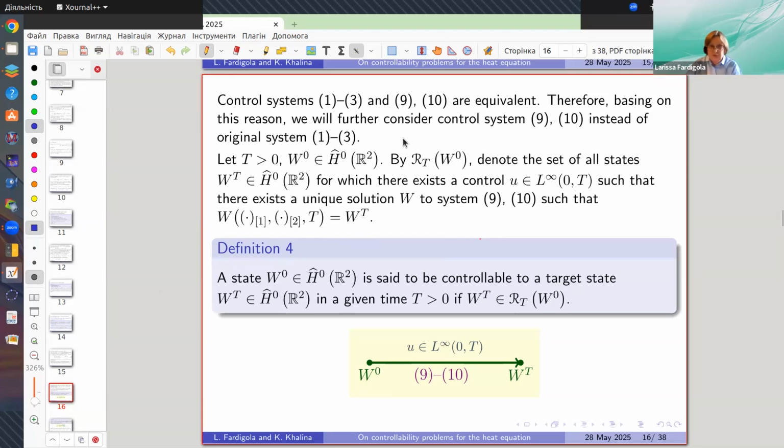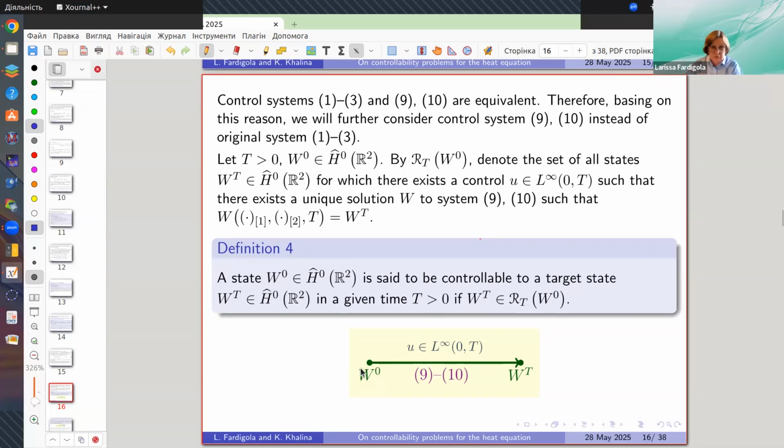Further, we consider system 9, 10 instead of system 1, 3 because they are equivalent. And definition: a state w0 from our space is said to be controllable to target state wt from the same space in a given time t if wt belongs to the reachability set Rt of w0.